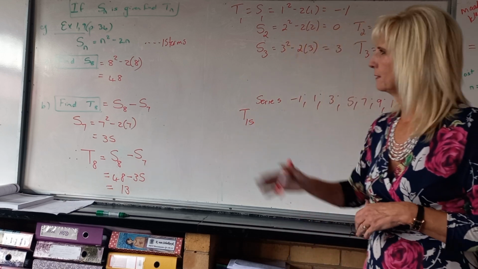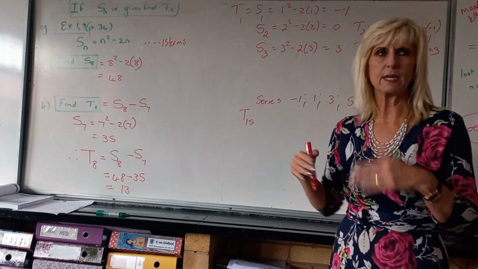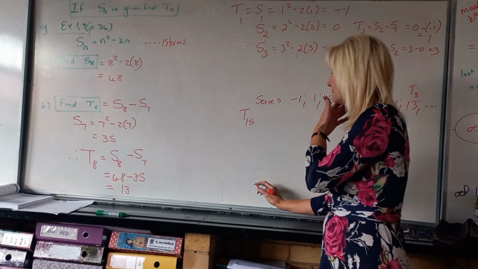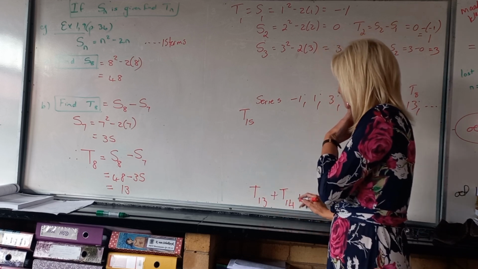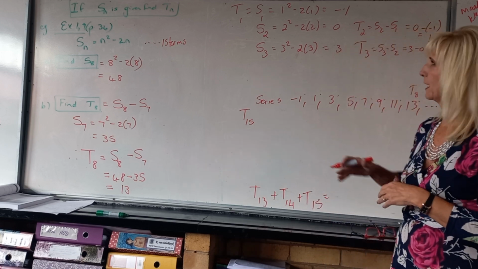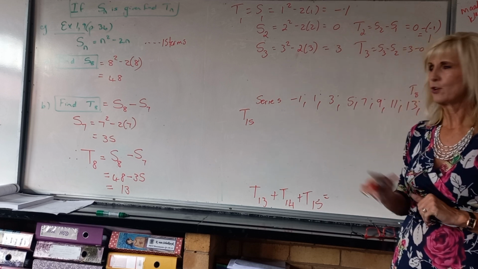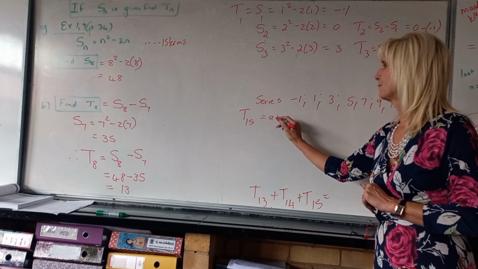How? Is this principle. Now they won't ask you the same thing 17 times in a paper, but we're trying to get to a point here. So if I want the sum of term 13 and 14 and 15, we're going to do exactly the same principle again, because this was not necessary, right? But if I did it, could I now go find term 15 by saying a plus 14d?